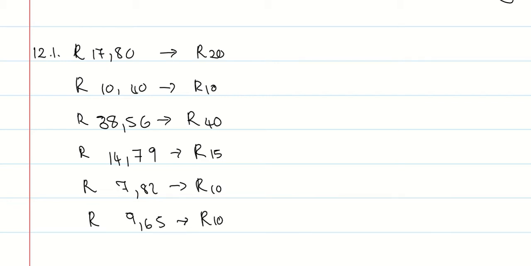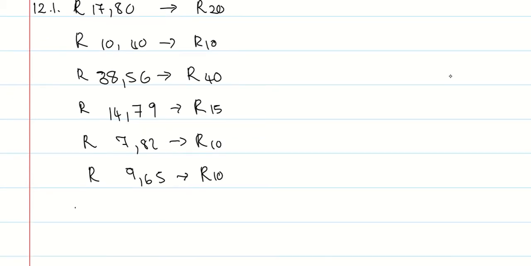And now we say, what was the question at 12.1? They ask us to estimate the total. We already rounded off, so we write down the estimated total is equal to 105 rand. Good.